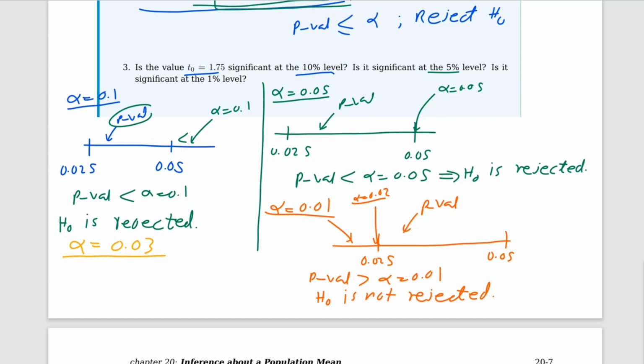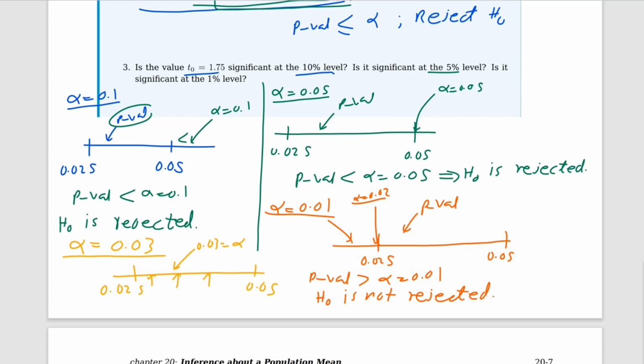Would it be rejected because it's between the two values? It is in between the two values. You are right at that. Let me show you 0.025 here and 0.05 here. So alpha may be over here, 0.03, right? But you don't know which part. You don't know where the p-value is. The p-value may be here, or maybe here, or maybe the same.